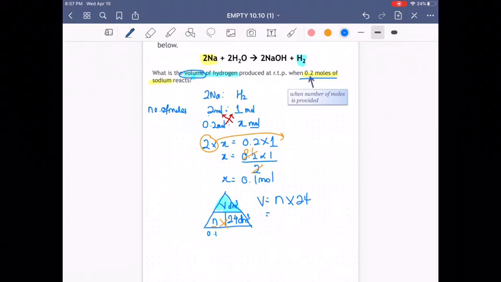For easiness, I just gonna use 24 dm cube. So 0.1 times 24 dm cube. When you multiply, you should get 2.4 dm cube. Please put the units, and here you go.